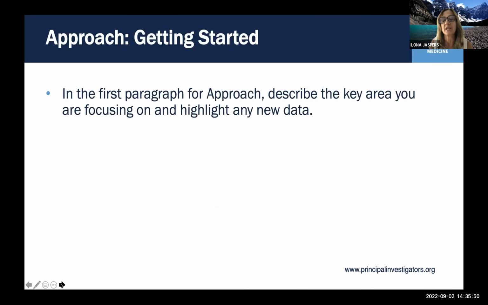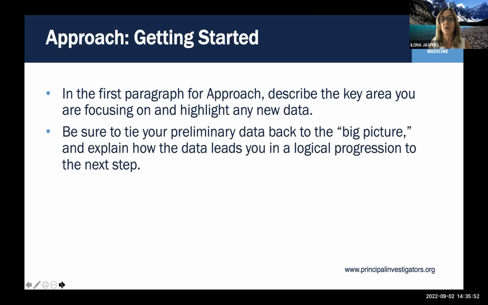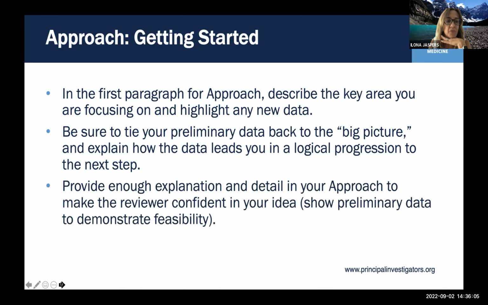So the approach, getting started, and again, this was already covered in the previous talk. Describe key areas focusing on new things, on new data, highlighting, going back to the big picture, and provide enough explanation and detail that gives confidence to the reviewer that your idea is sound, that you can actually solve this problem, and that you have demonstrated feasibility.